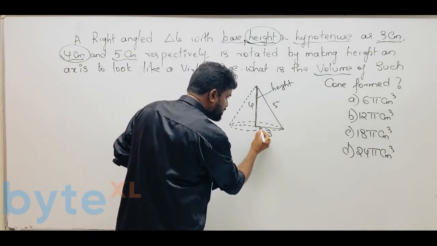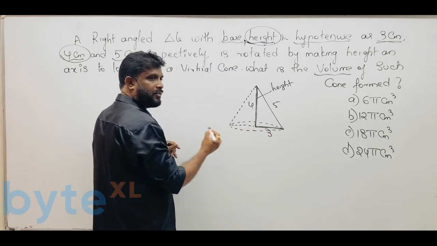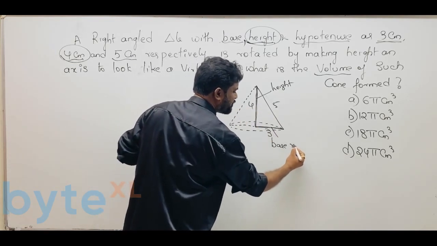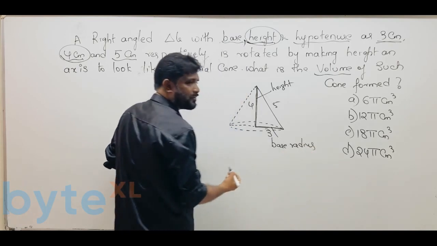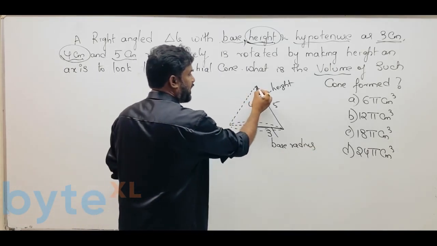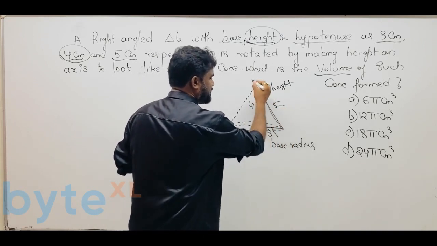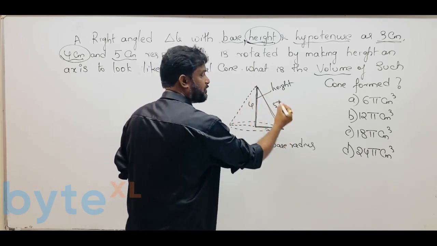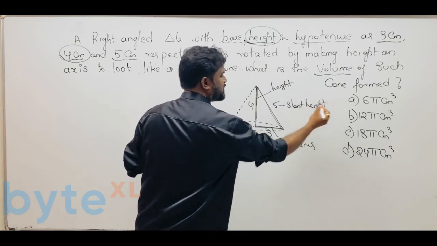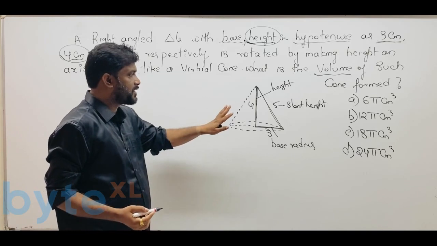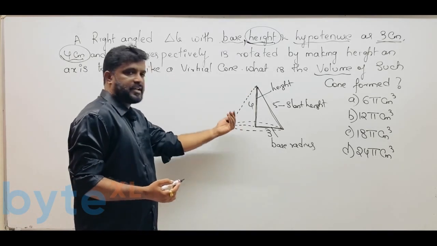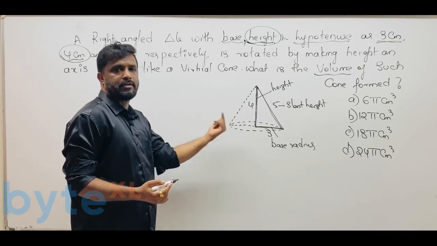Now this base, when it rotates, acts like the base radius, because that is the base which actually rotates underneath. And this 5, the hypotenuse, becomes the slant height. Anyway, in this question it is not necessary, but for the sake of full knowledge we are discussing it. This is what happens when we take 4 centimeters as an axis and rotate the triangle to look like a cone.